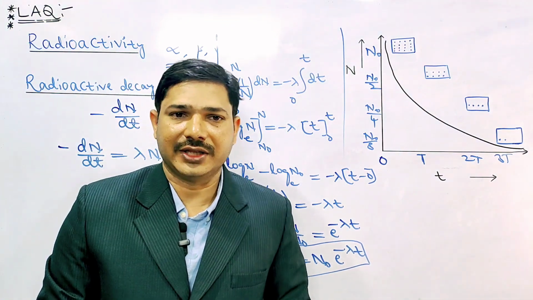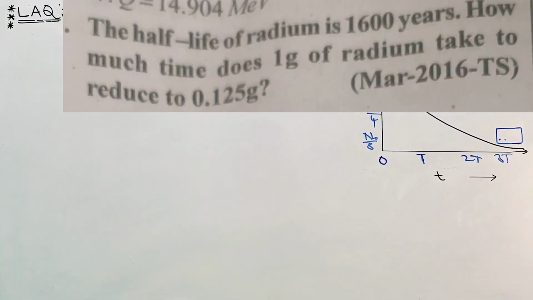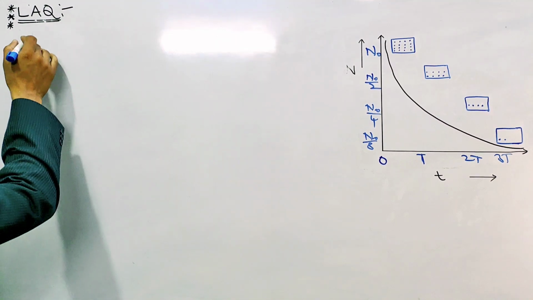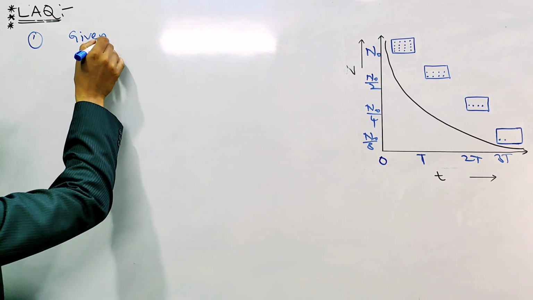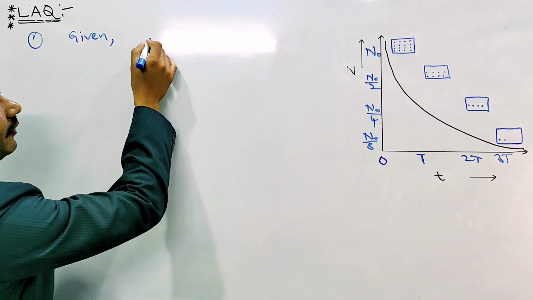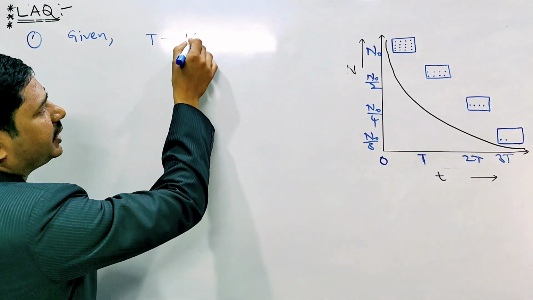Then numericals, how they will ask, we will see on the board. A question: the half-life of radium is 1600 years. How much time does 1 gram of radium take to reduce to 0.125 grams? In this, first the half-life of radium is given: T equal to 1600 years.